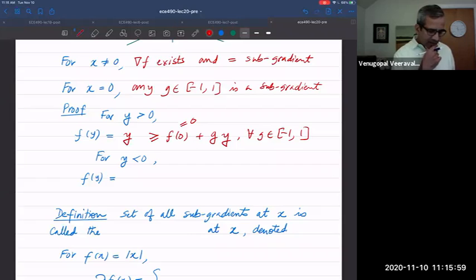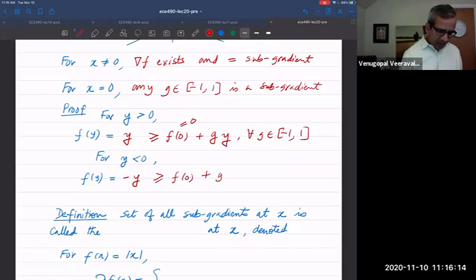Now let's see what happens when y is negative. When y is negative, then f of y is minus y, which is a positive number, right? And in this case also, it's easy to see that this is f of 0 plus g times y. So minus y will be bigger than g times y for all g belonging to [-1, 1].